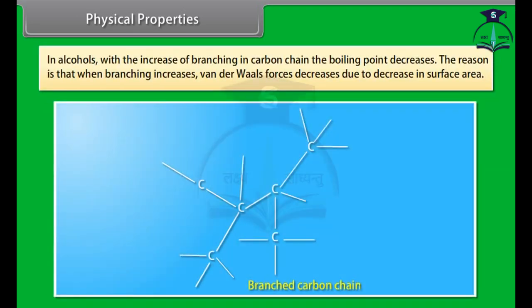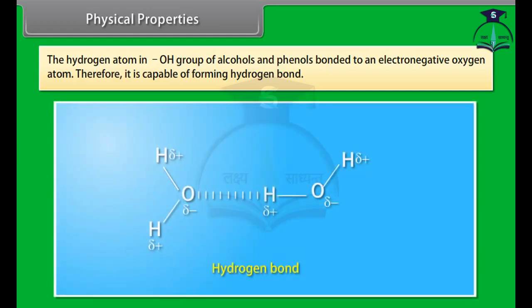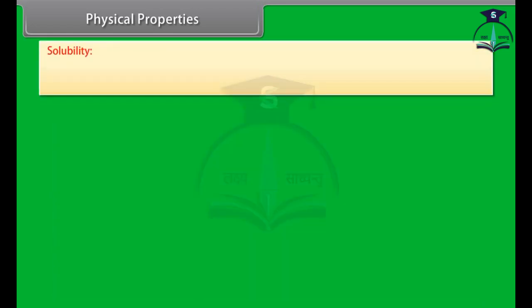In alcohols, with the increase of branching in the carbon chain, the boiling point decreases. The reason is that when branching increases, van der Waals force decreases due to decrease in surface area. The hydrogen atom in the OH group of alcohols and phenols is bonded to an electronegative oxygen atom, therefore it is capable of forming hydrogen bond.